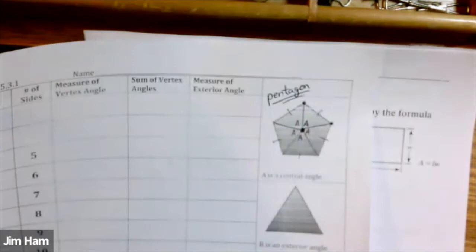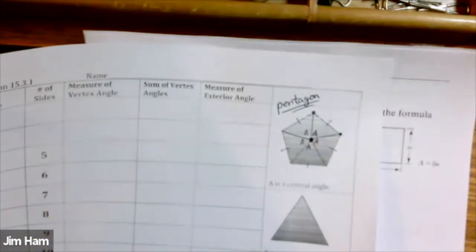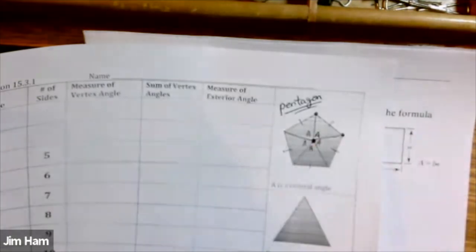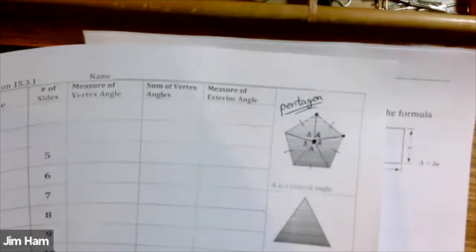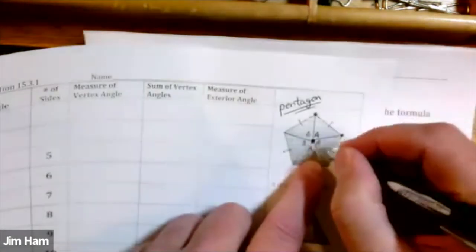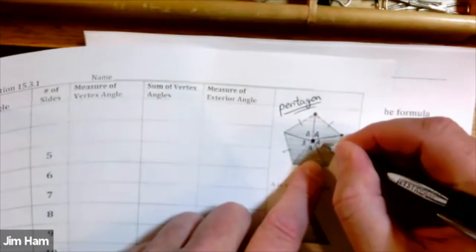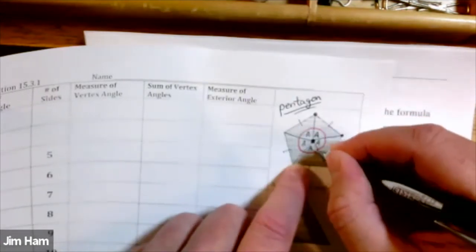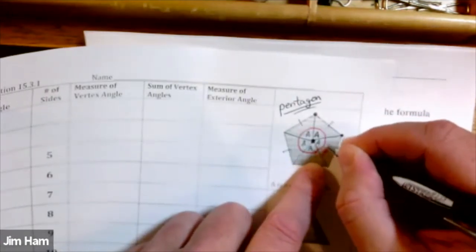So when they talk about central angles, they're talking about these angles in the center of the shape that are formed by connecting the center with two adjacent vertices on the outside of the pentagon. Now, as you go around this circle, all the way around, if I start here and go all the way around and stop there, that's 360 degrees.